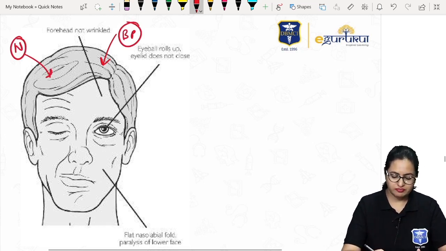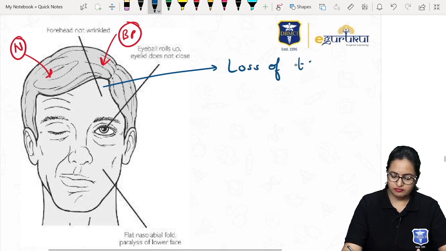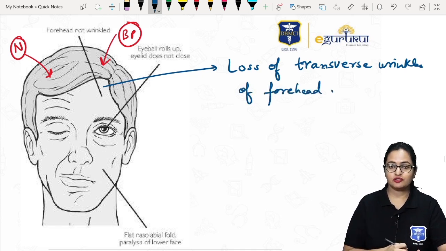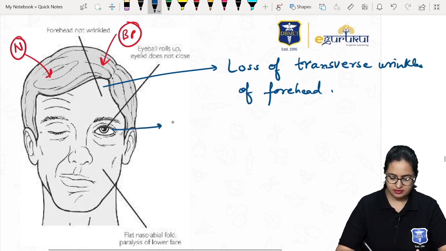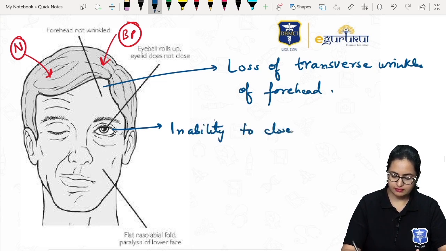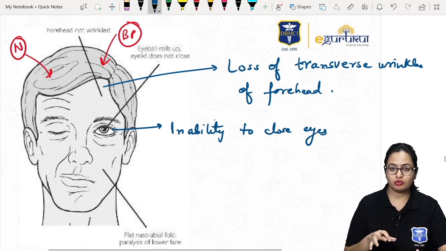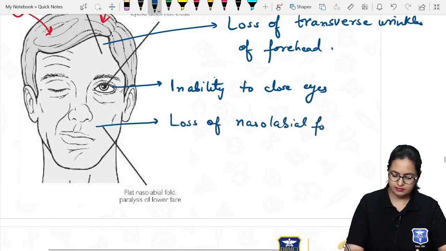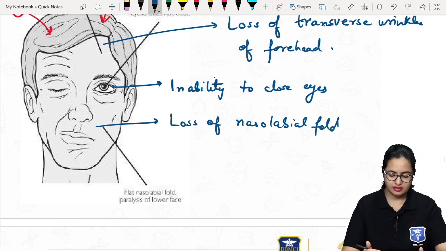The various features are: loss of transverse wrinkles of the forehead, then inability to close the eyes, and loss of the nasolabial fold, which is present on either side of the lips.